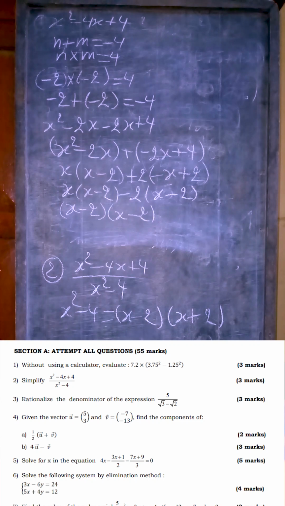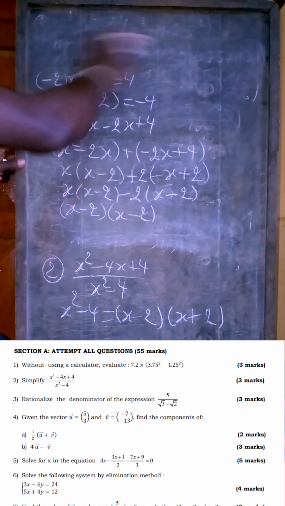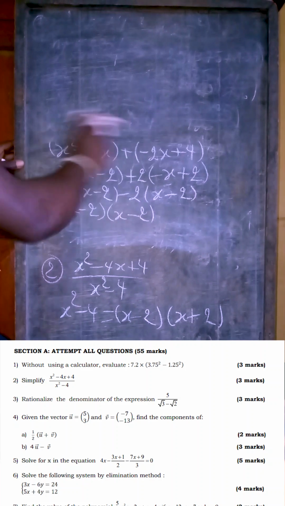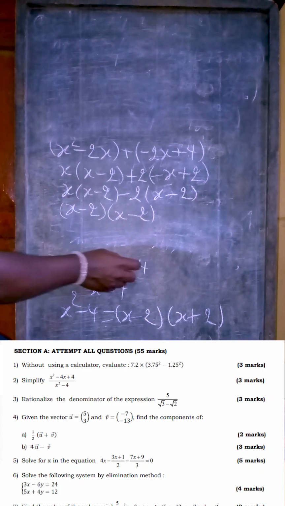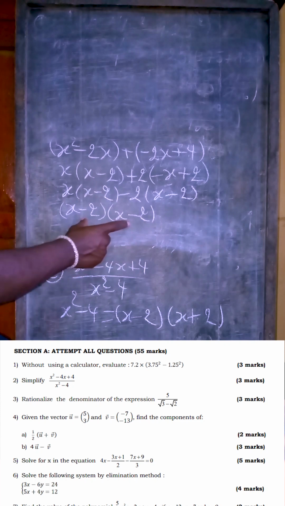Then after factorizing everything, we are going to replace each factor in the given question. This quadratic function is going to be replaced by this.